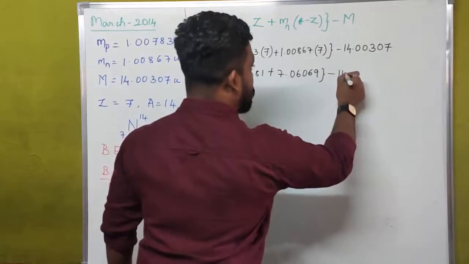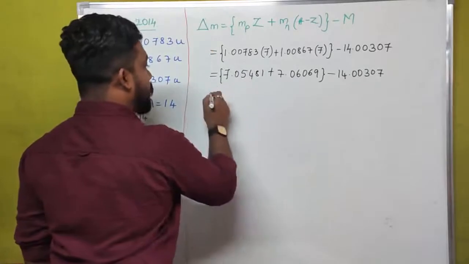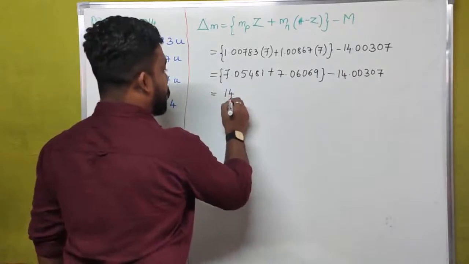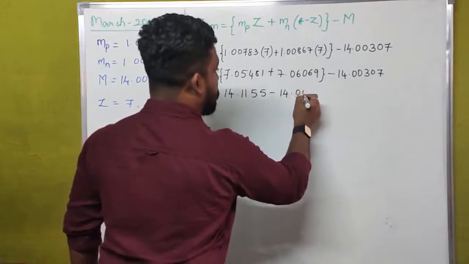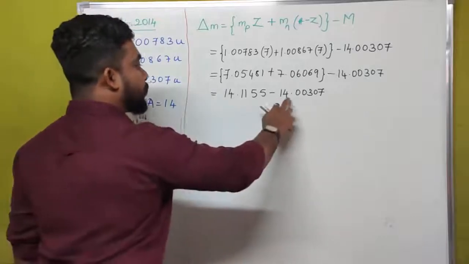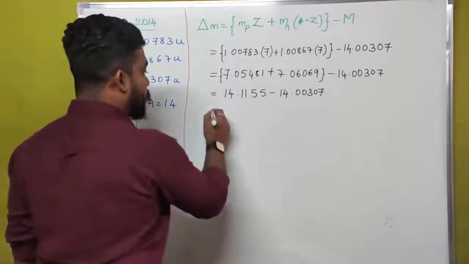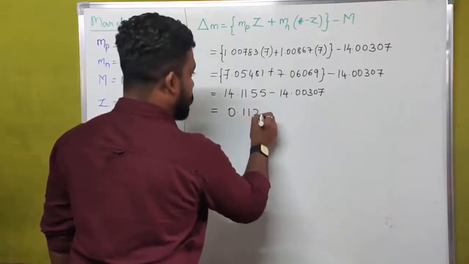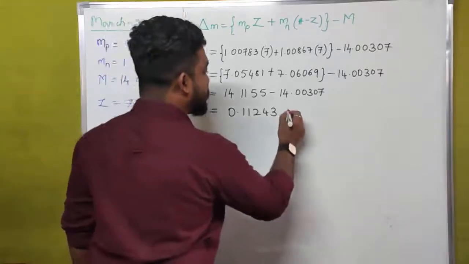If we add these two, we get 14.11550. Now subtract 14.00307 from 14.11550, and what we get here is 0.11243 units.